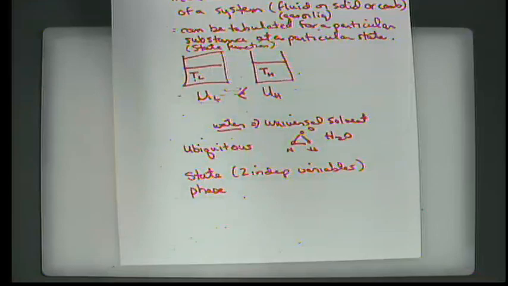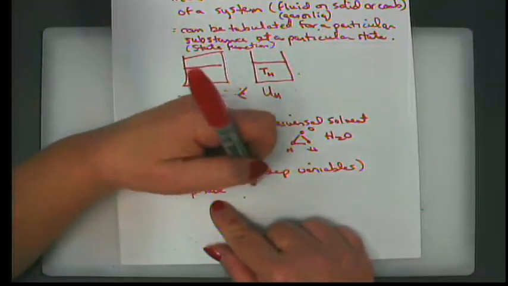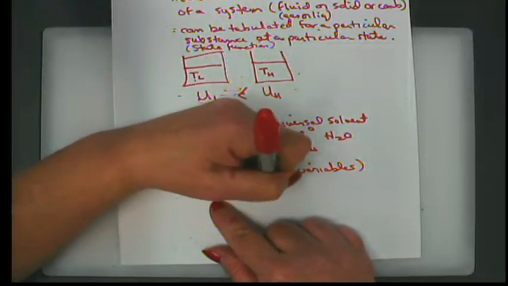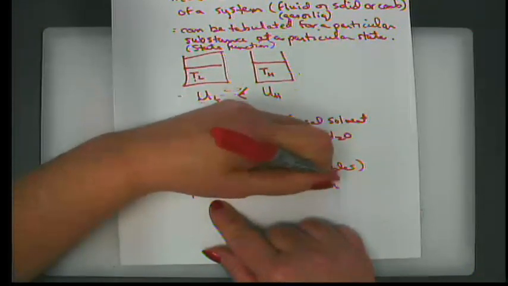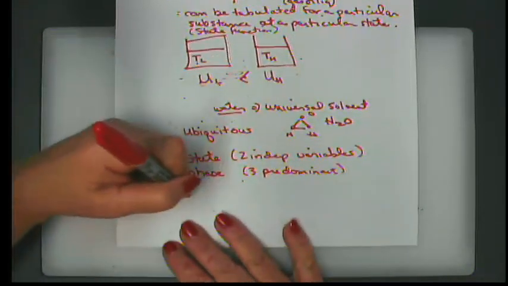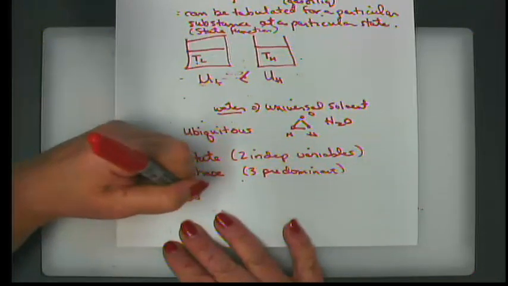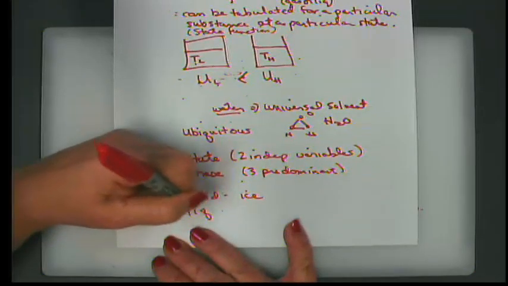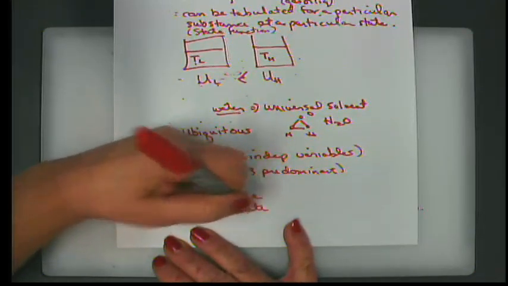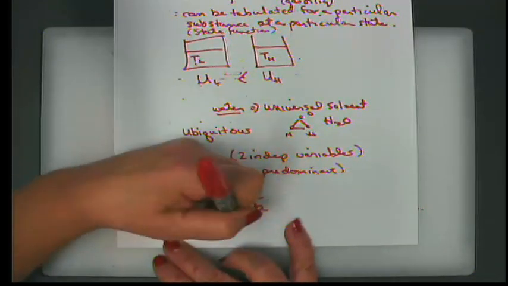And there are several phases of water, but there are 3 predominant phases. Does anyone know what those are? I bet you do. Solid, which we call ice. Liquid and gas. That's right, liquid, which we just call water, and gas, which we call steam.